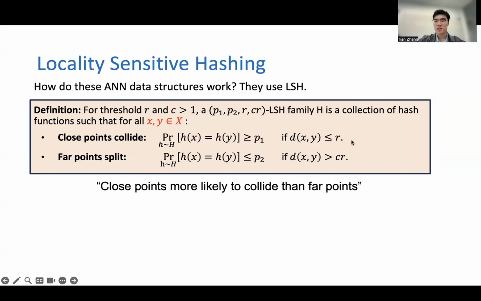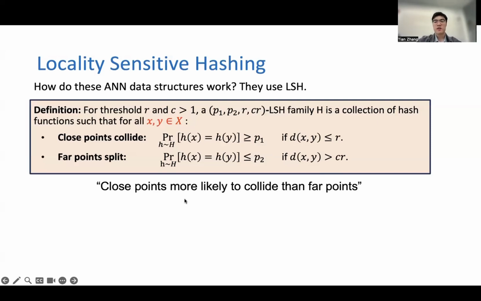If they are close in the sense that their distance is less than some given parameter R, then the probability that they fall into the same hashing bucket is at least P1. And if they are far, that means their distance is larger than C times R, then the probability they fall into the same bucket is less than P2. So it's really saying close points are more likely to collide than far points.